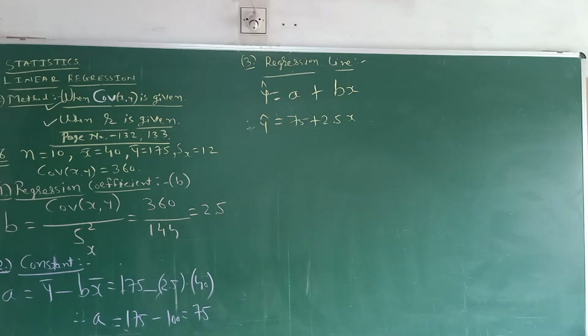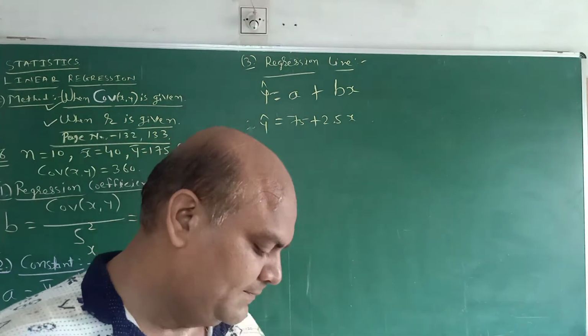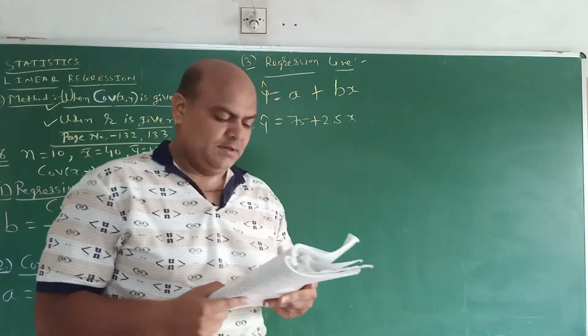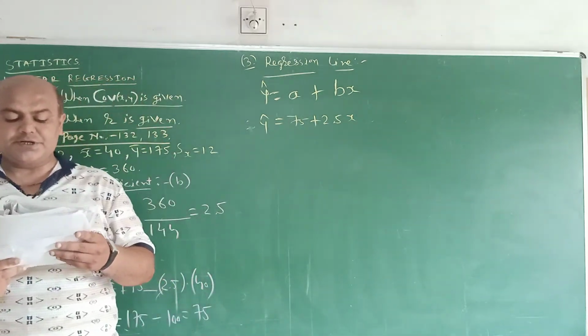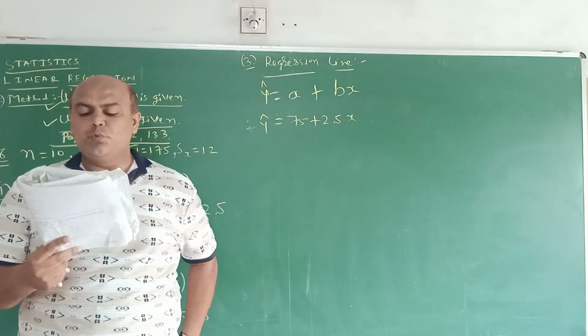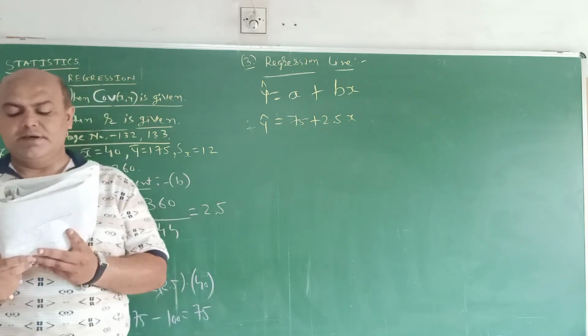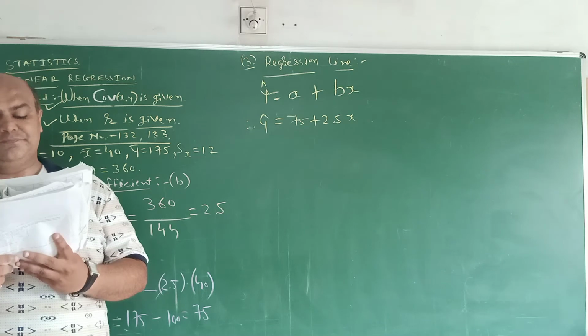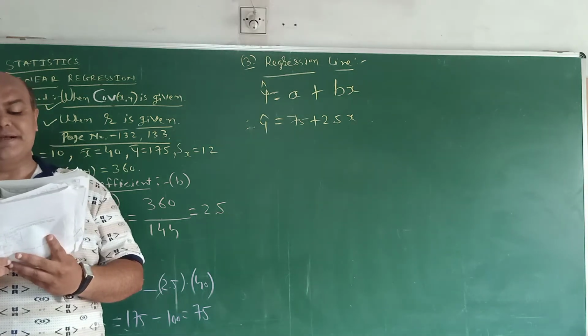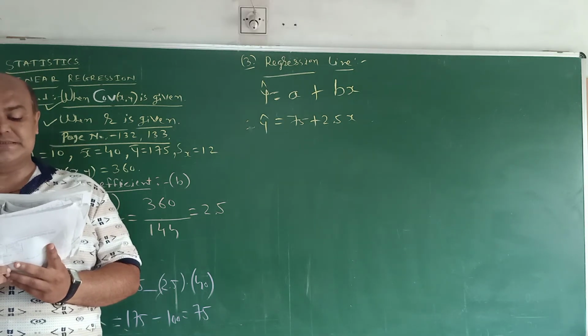The next sum, which is again on page number 132 of your textbook, is the ninth sum. I read the question. To study the relation between two variables, yearly income, that is x, of a family, and their yearly investment, that is y, in mutual funds.